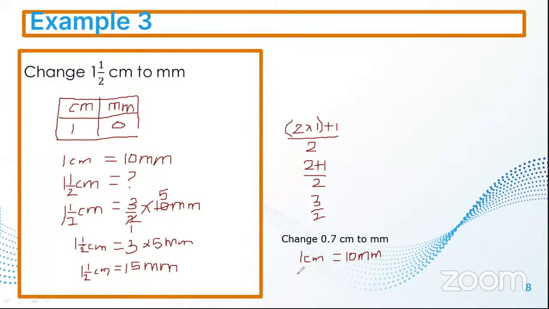Now you are changing 0.7 centimeter. 0.7 centimeter will be how many? We are supposed to multiply 0.7 times 10 millimeters. Are you getting that?